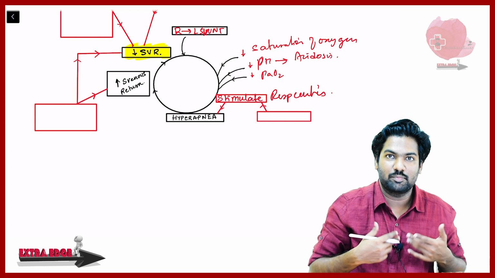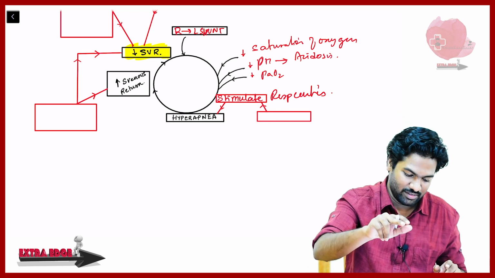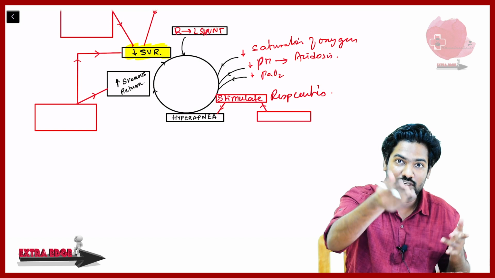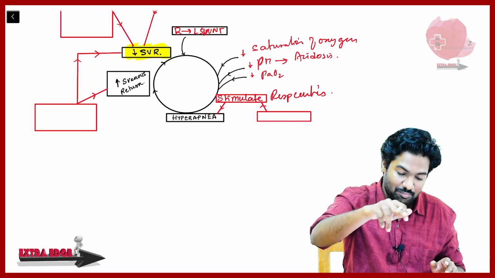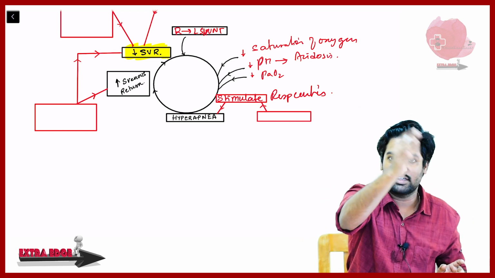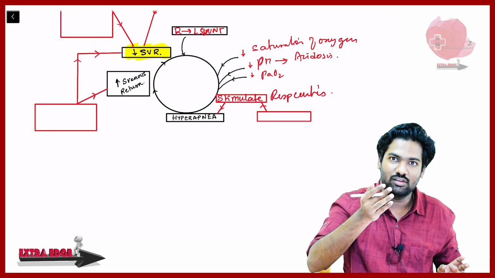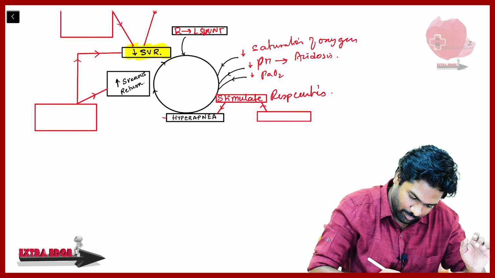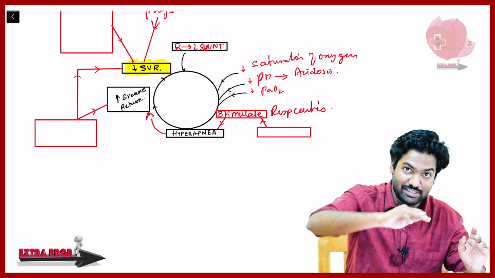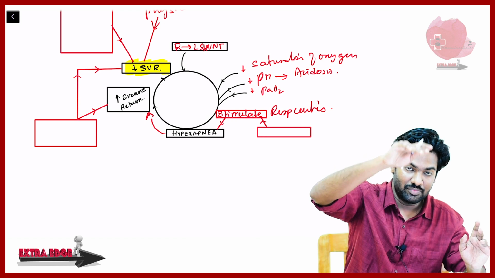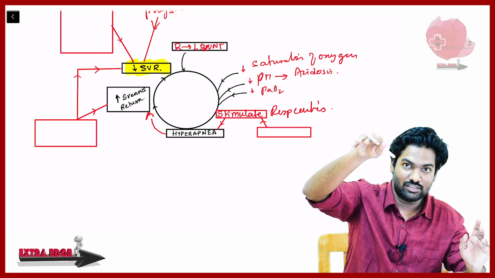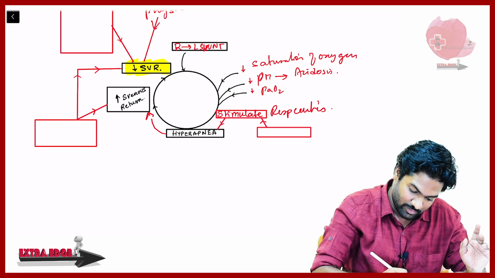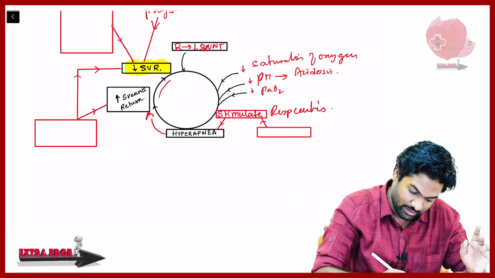But when the child is hyperpneic, the worst thing happening there is that the systemic venous return is increasing. Systemic venous return increasing means deoxygenated blood is again coming back more to the right ventricle. You can see here, hyperpnea is increasing systemic venous return. Once systemic venous return is increasing, the right to left shunt is again increasing.